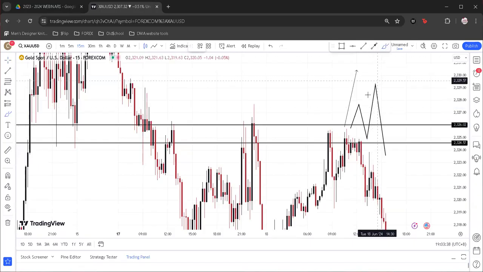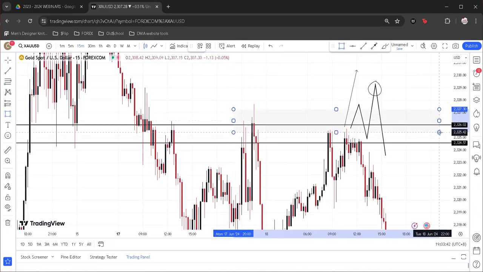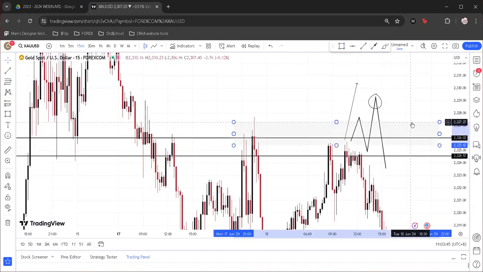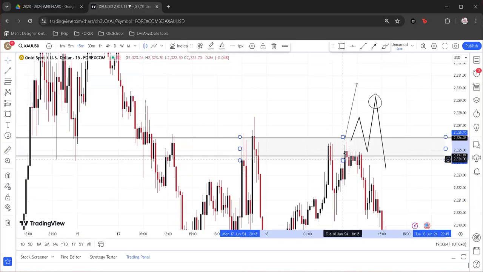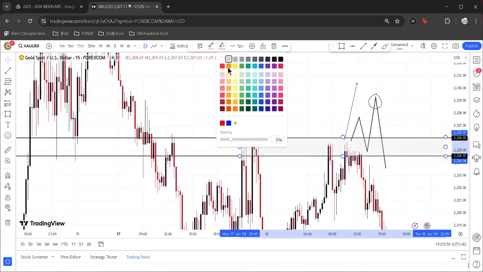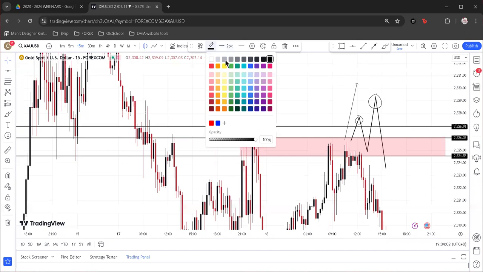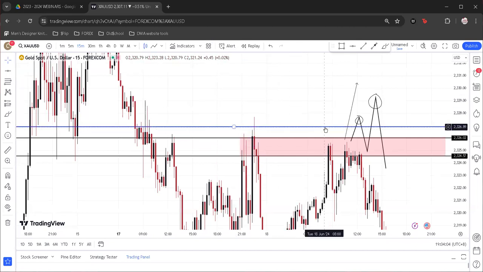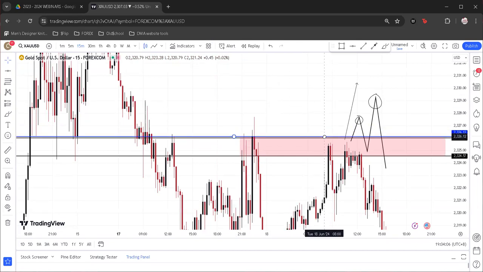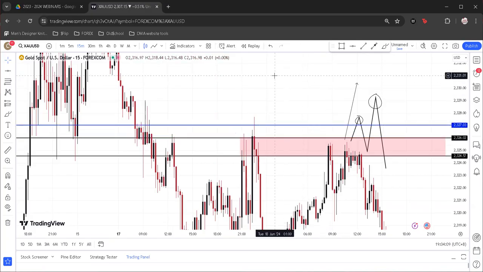Here, you can already tell it is a manipulation. Prices have a resisting point in this barrier, but it is not closing above the resisting point. There's no bullish candle closing above here or here or here. So why should we be scared?